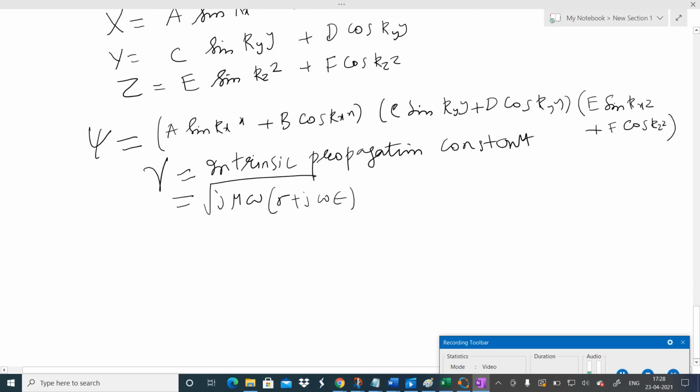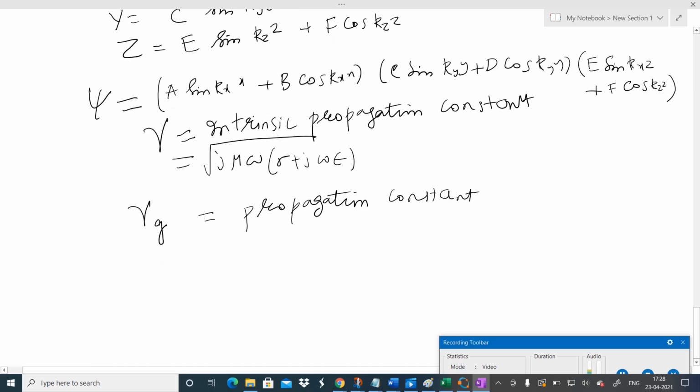But we have made the convention in such a way that the wave is propagating in the z direction, right? So we need a propagation constant in the direction of wave propagation. We call that gamma g. That's called the propagation constant, after we confine the wave to the waveguides, okay.